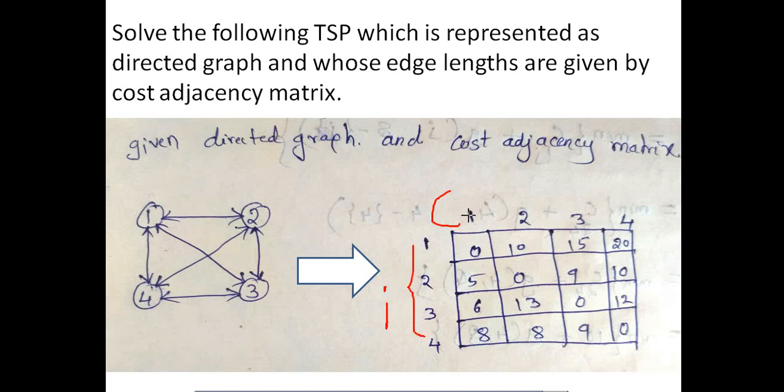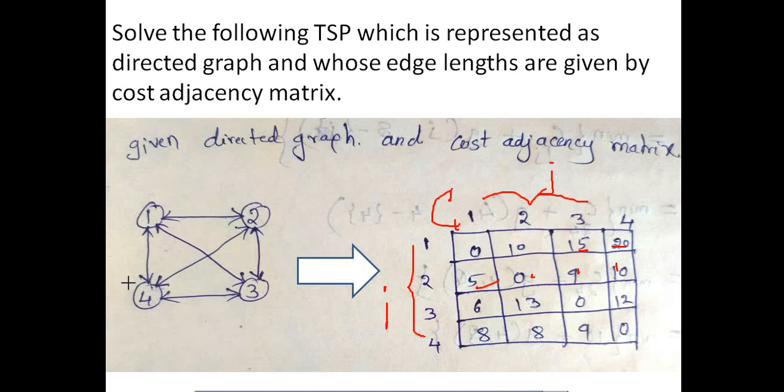This is C, these represent I and these represent J. So the cost matrix of this graph: 1 to 2 they have given cost 10, 1 to 3 they have given 15, 1 to 4 is 20, 2 to 1 is 5, 2 to 2 is 0, 2 to 3 is 9, and 2 to 4 is 10. Like that they will give.